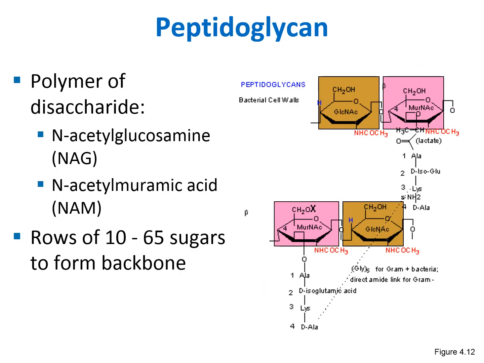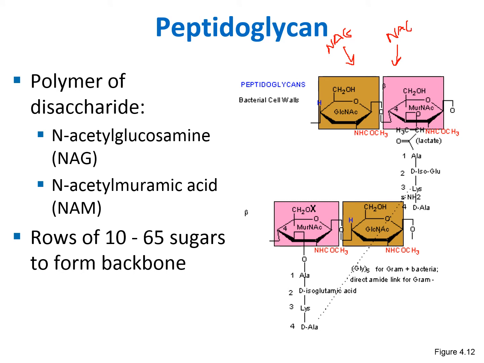This is the structure of peptidoglycan. It's a polymer made up of disaccharides. The sugars that make up the disaccharide are called NAG, or N-acetylglucosamine, and that's represented by the brown color here. So this is NAG. And then the other part of the disaccharide is NAM, which is here, which is N-acetylmuramic acid. And both of these are derived from glucose.